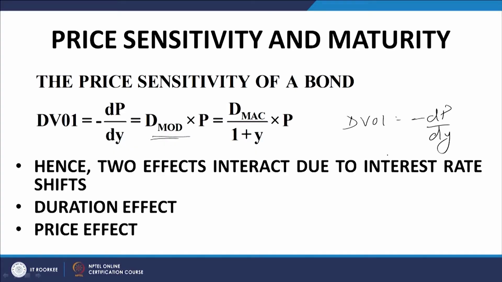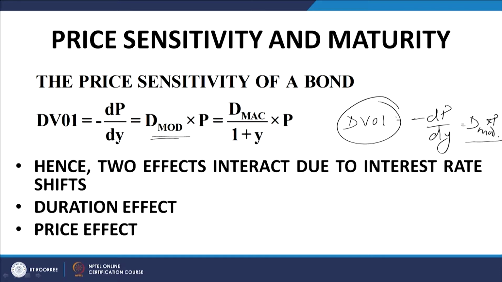In other words, dV01, which is equal to minus dP upon dy, is equal to D mod into P. Therefore, dV01 behaves as a conjunction of two quantities. One is the duration and the second is the price. In other words, two effects, the duration effect and the price effect, are encapsulated in dV01.